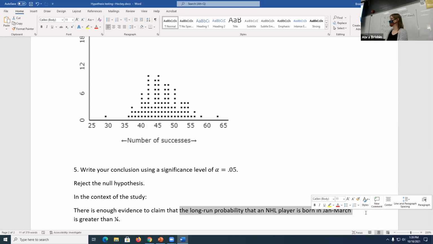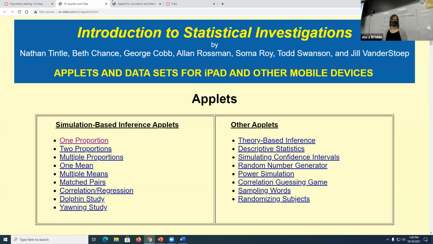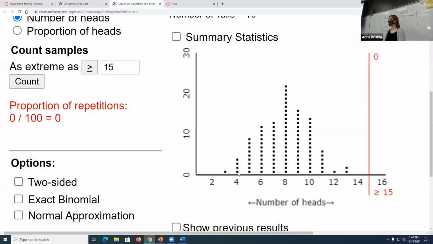All right. So now the question is, what if we don't have access to this applet? So what if you're doing this and you just have a calculator, perhaps?